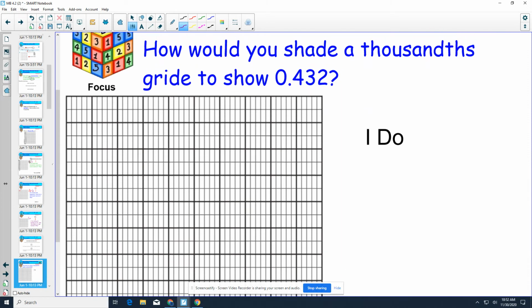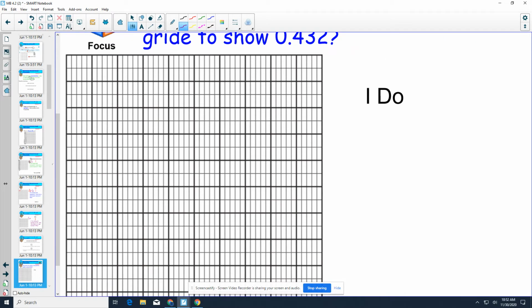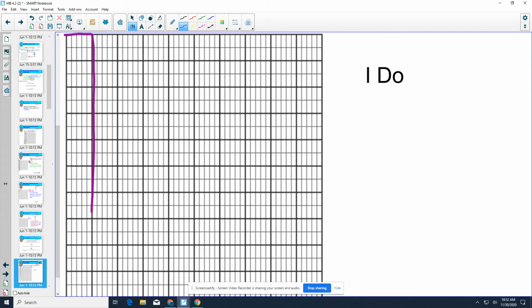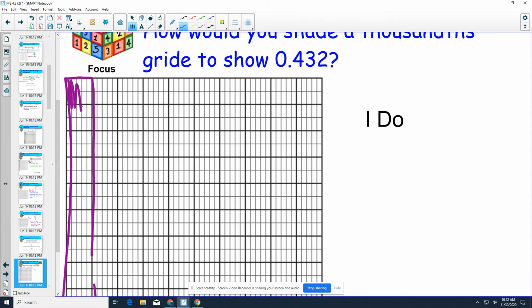Now, I'm going to do this one with you. How would you shade a thousands grid to show 432 thousandths? Okay, so I see first 432 thousandths, so I know I have to shade in 400. And I know that one of these rows equals 100. So I would shade that in, and you want to shade it in fully. I'm just doing it kind of quickly here.